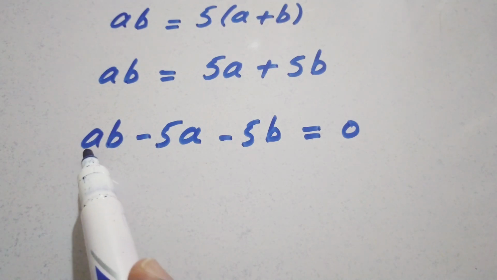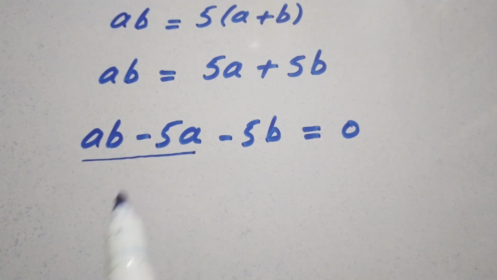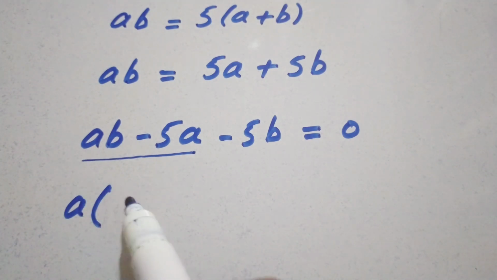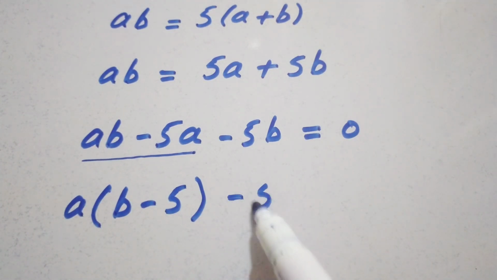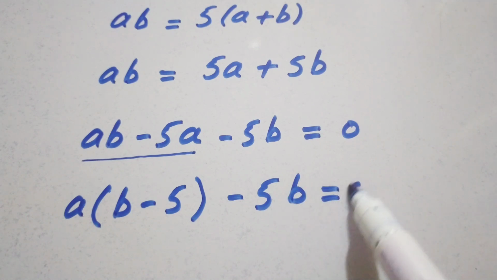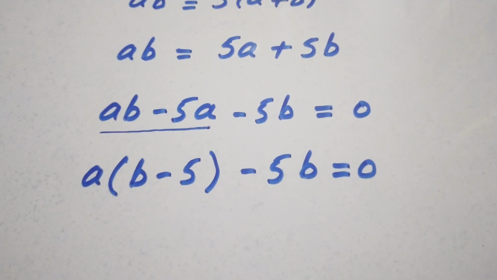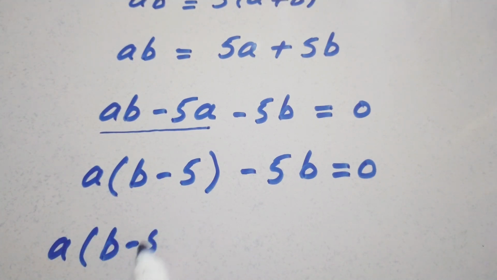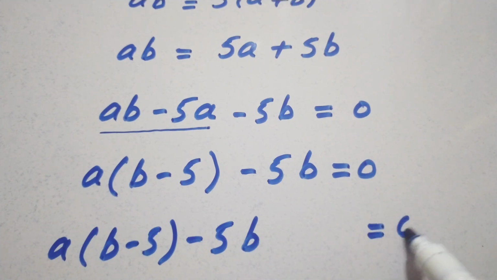Now by taking common from first two terms, we can take a as a common, so inside b minus 5 will be left. Minus 5b is equal to 0.